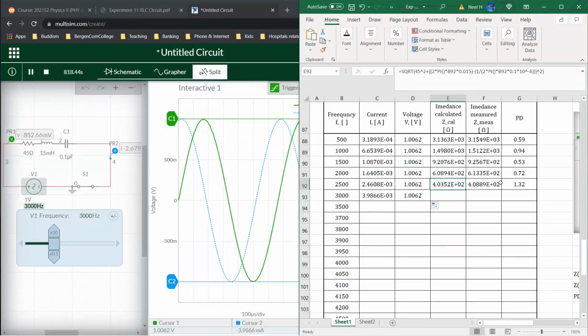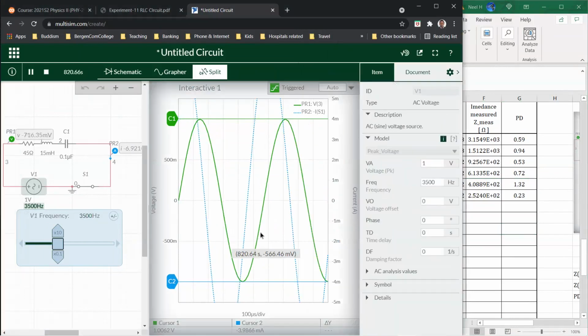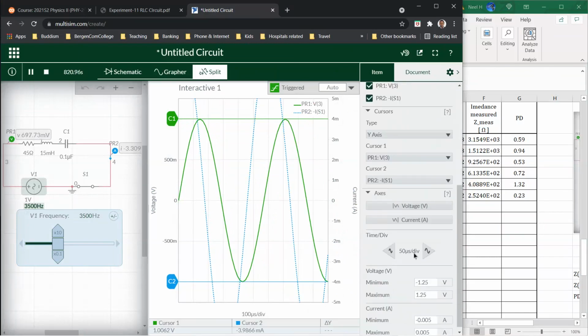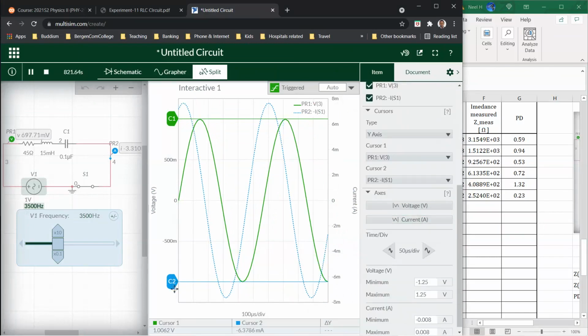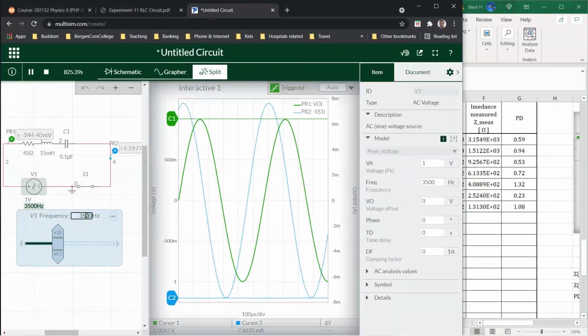Voltage remaining the same. Looks good. Let's do 3500. Voltage remaining the same. Current is now 0.00766635, right? You can see current increasing by large numbers now. Looks good. Let's do 3700.